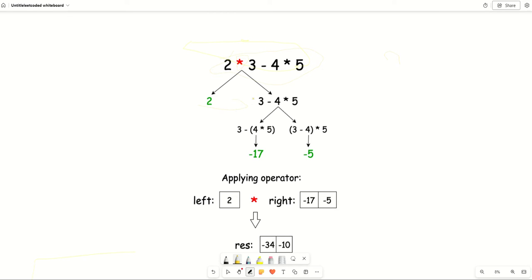Then we once again iterate over our substrings, and when we see an operator, we split the substring into two more substrings. We have to do this until we reach the point where the string can't be divided any more.